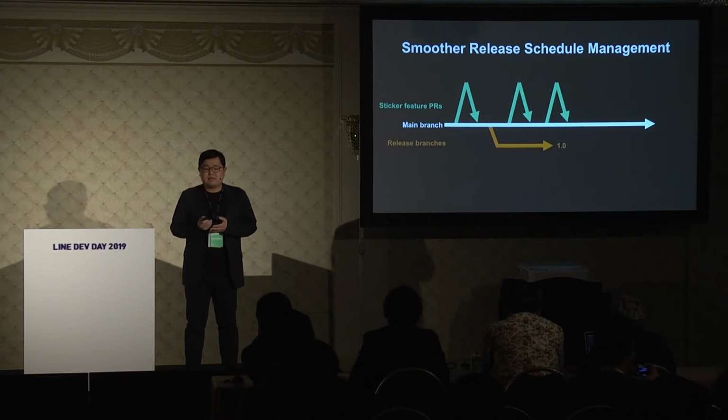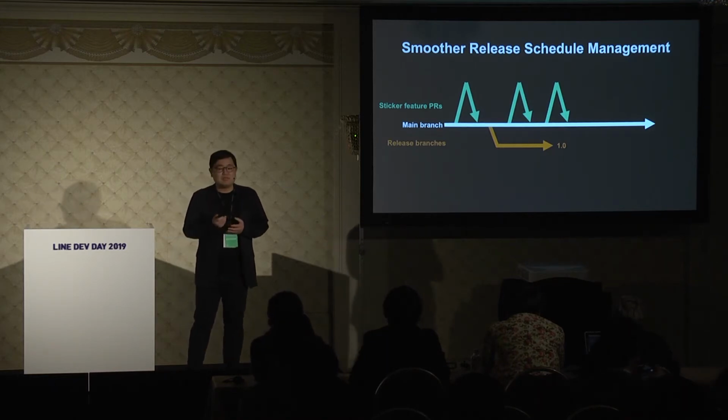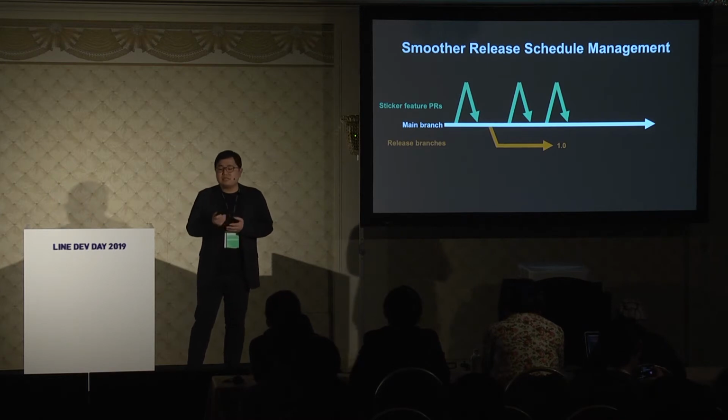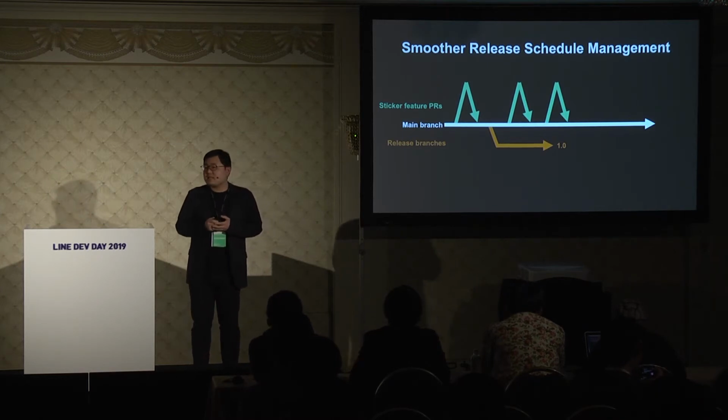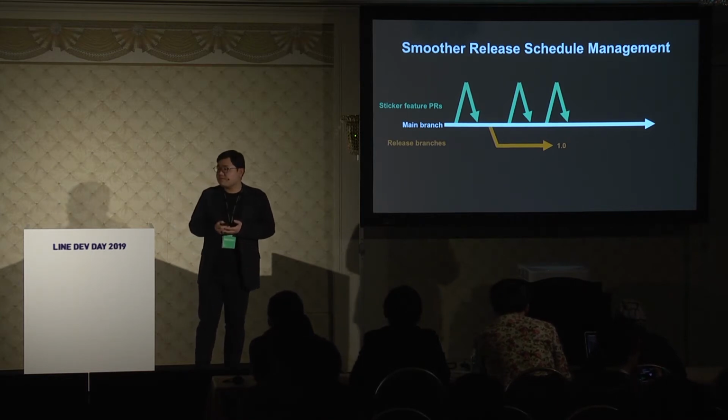Even though the feature is not completed, the merge takes place. So in the middle of the feature development, there is a case where a release branch is generated. For the sticker feature, here we were planning to merge three pull requests, but after the first pull request got merged, the version 1.0 release branch was created.